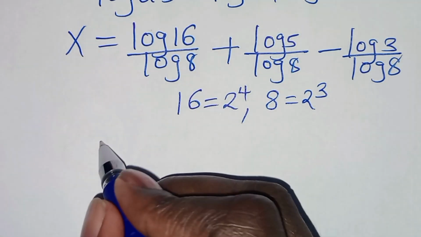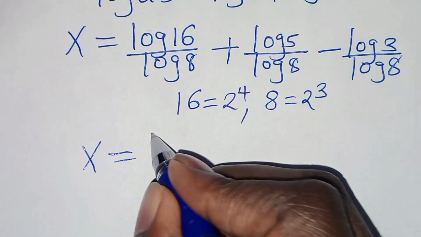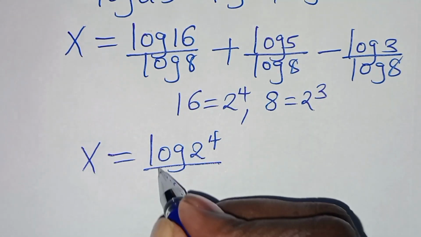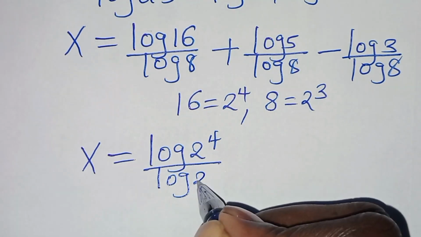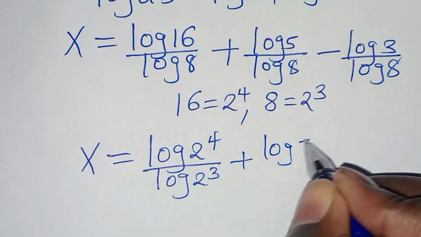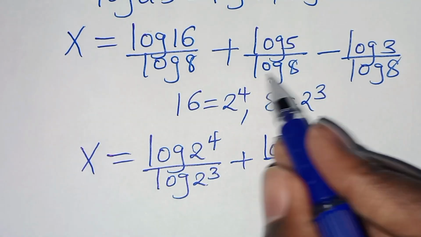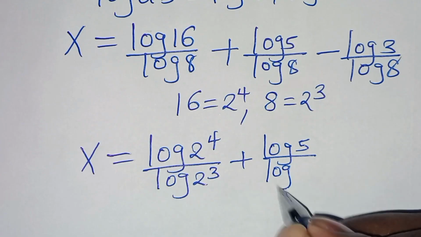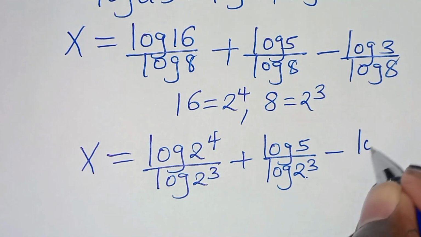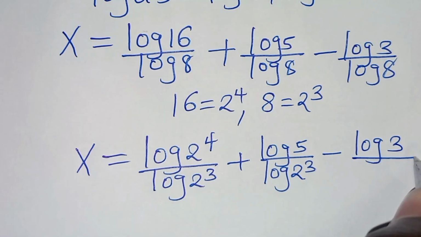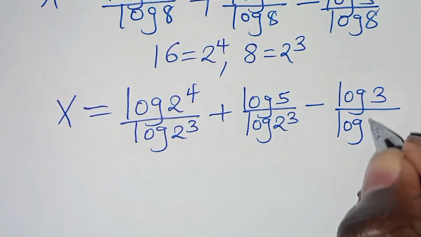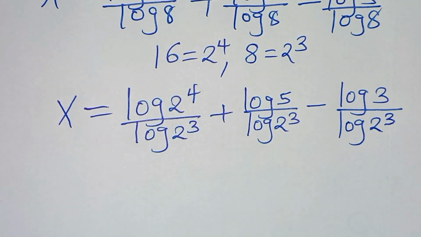So this means that we have x equal to log 2 to the power 4 divided by log 2 to the power 3, then plus log 5 divided by log 8, which is log 2 to the power 3, then subtract log 3 divided by log 8, which is log 2 to the power 3.